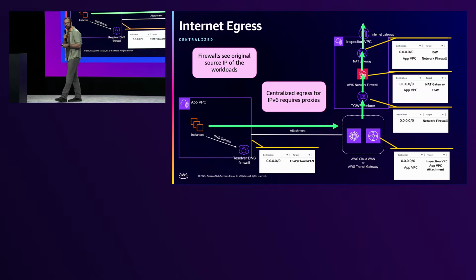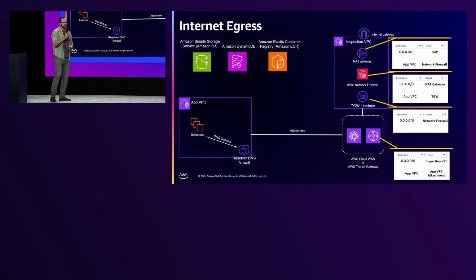So good news also is that doing network firewall for egress is also the best practice. It's a really good solution for that use case. But what I often see customers do that's kind of a problem, they use the same path for connecting to AWS managed services. So inside of the region, we might have hundreds of AWS managed services.